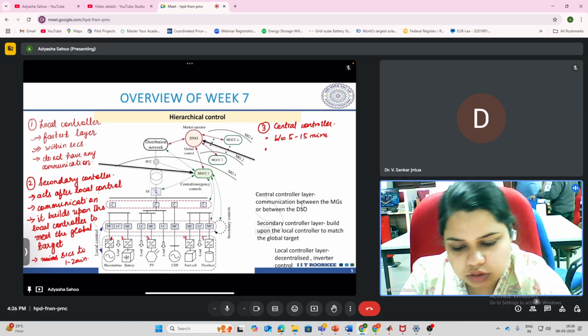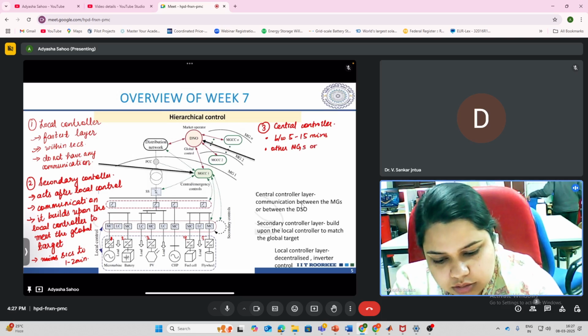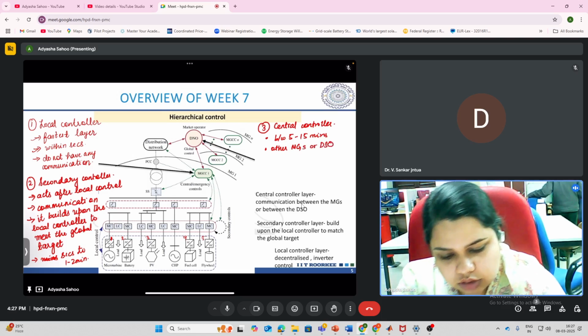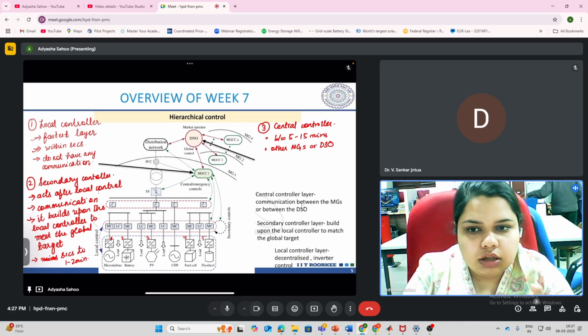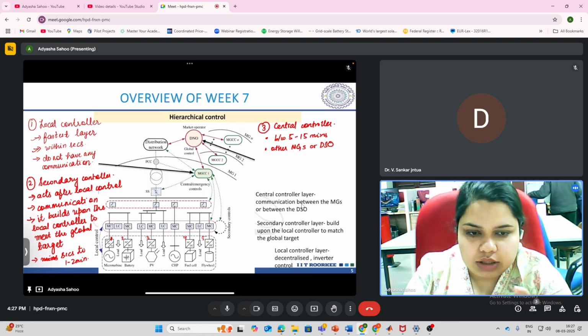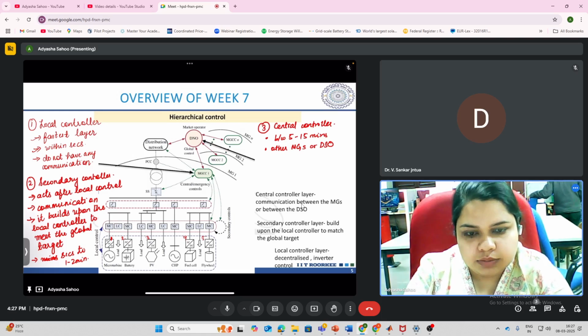Firstly, it will communicate with other neighboring microgrids or the distribution system operator, the DNO, for energy exchange in between 5 to 15 minutes. If we are considering a 5 minute time scale, then for each 5 minutes, it will decide whether it has to import power or export power.